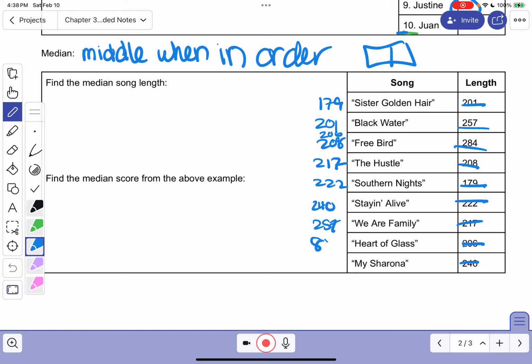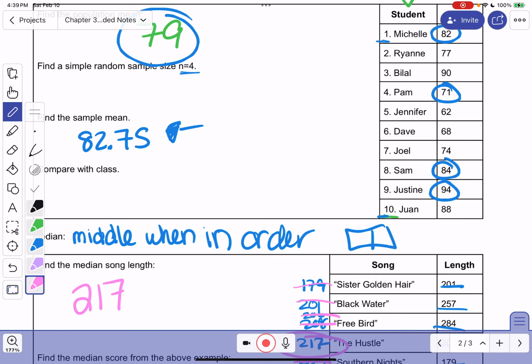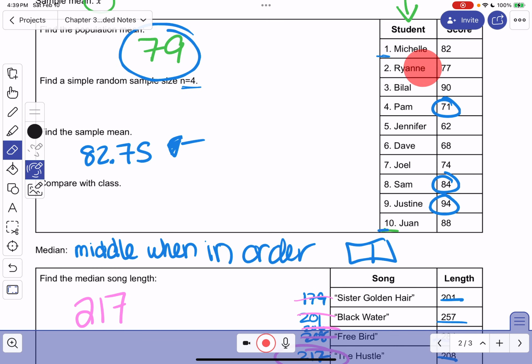So now they're in order. So we're going to find the middle. Those 2 cancel out, those 2 cancel out, those 2 cancel out, those 2 cancel out. There's our middle, 217. Now that I've done that, you go up here and try to find the median of these. Pause the video and see how it goes.